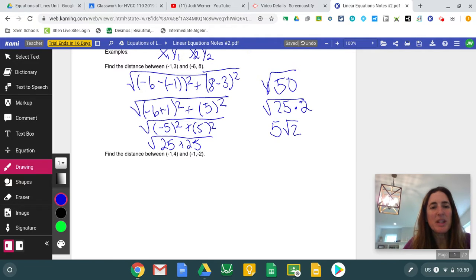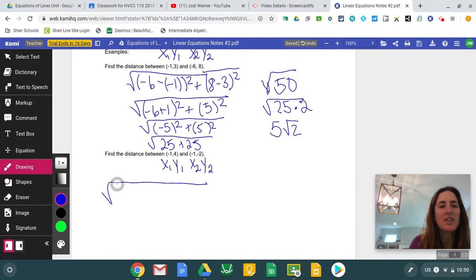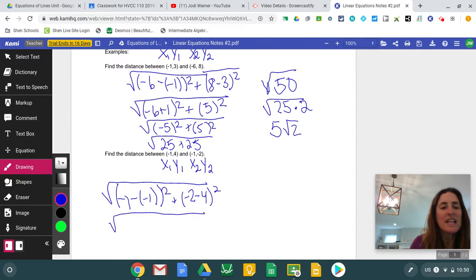Find the distance between -1, 4 and -1, -2. I'm going to label them below here, x1, y1, x2, y2. Square root of -1 minus -1. Wow, that's a lot of negatives. Plus -2 minus 4 squared. So really, in this first part, the difference in the x's is -1 plus 1 squared.